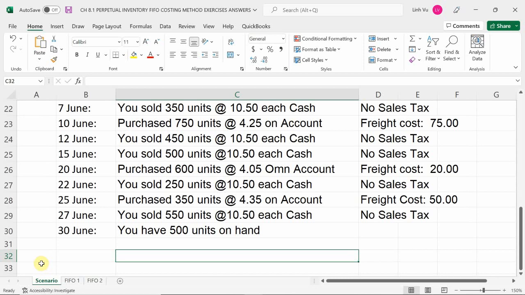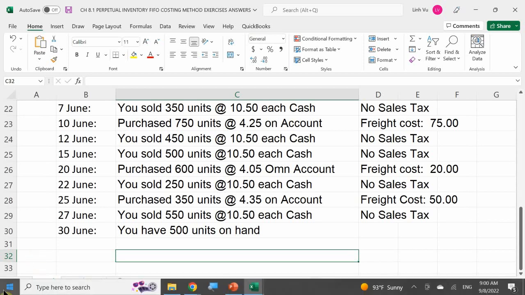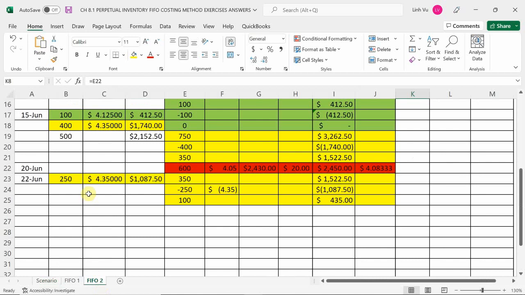June 25th, we end up making another purchase of 350 units at $4.35 with a freight costing $50. Oh, those should be reversed. Anyways, 350, $4.35, cost of $50. 350, 435, and 50. Okay, that's 1522.50.